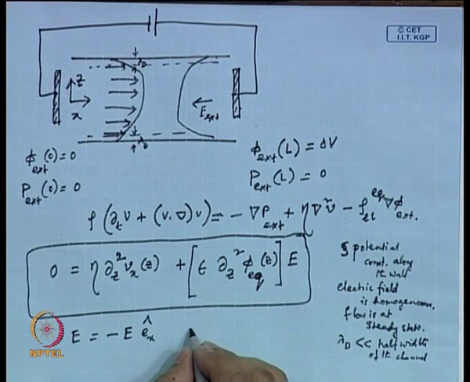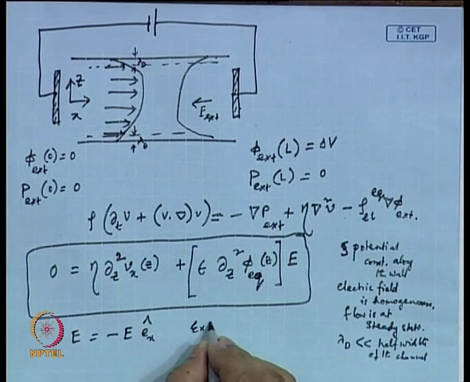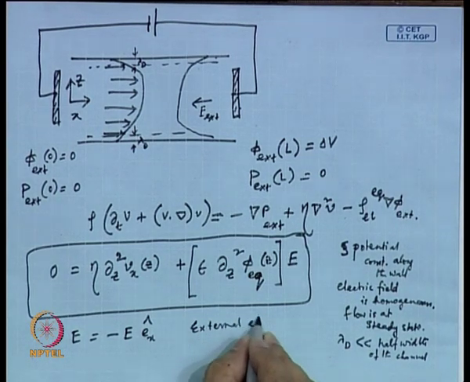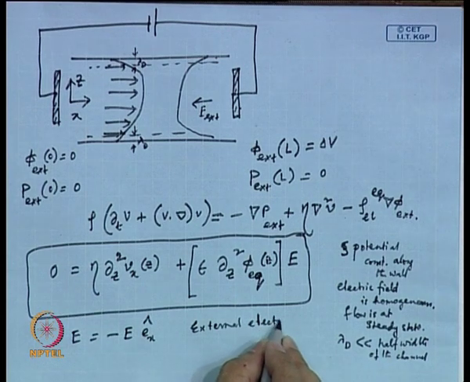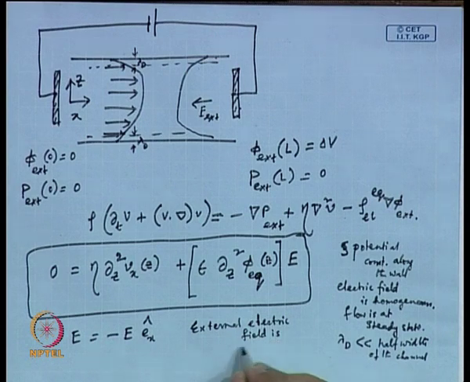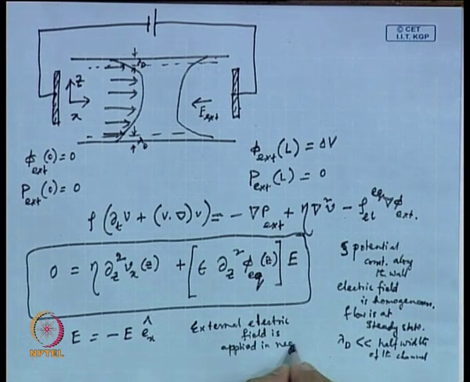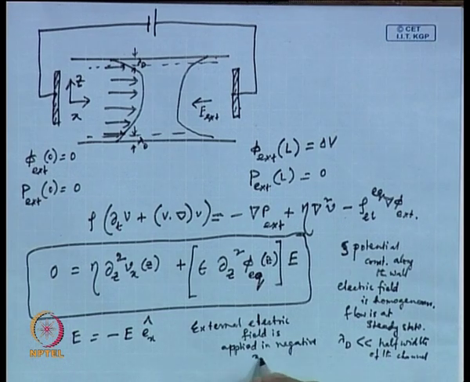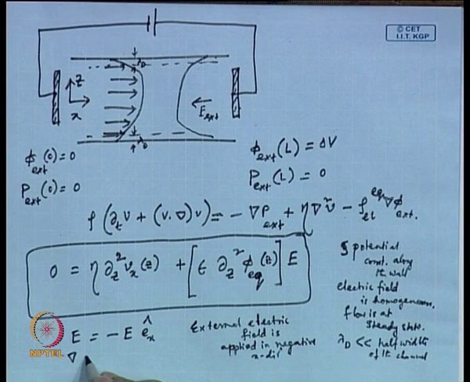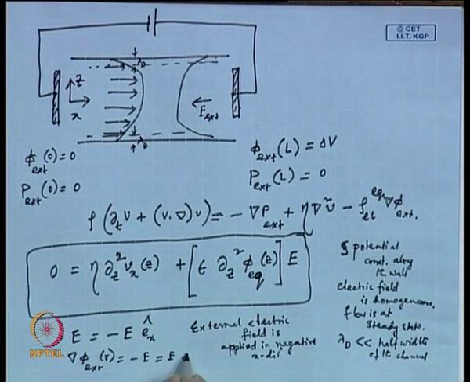This electric field, the external electric field, is applied in the negative x direction. Delta phi external is equal to minus E, that is equal to E Ex hat, that we already know.